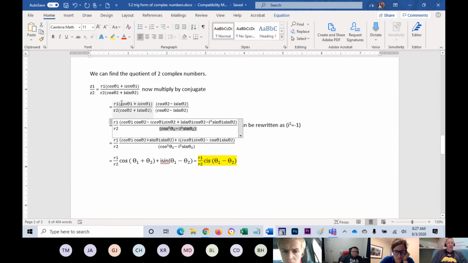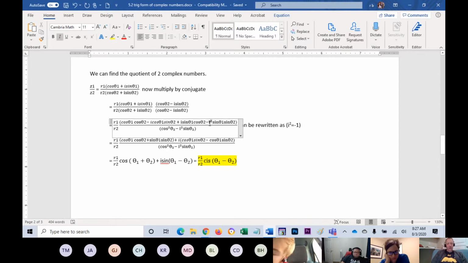All right, now let's multiply my numerators together. Okay, so this is going to give me cosine theta 1 cosine theta 2 minus i cosine theta 1 sine theta 2 plus i sine theta 1 cosine theta 2 minus i squared sine theta 1 sine theta 2.